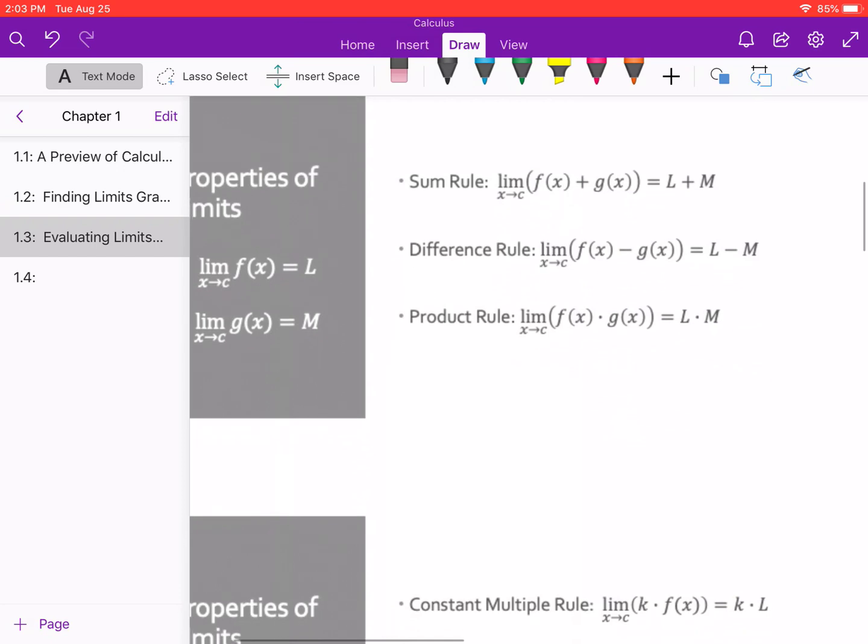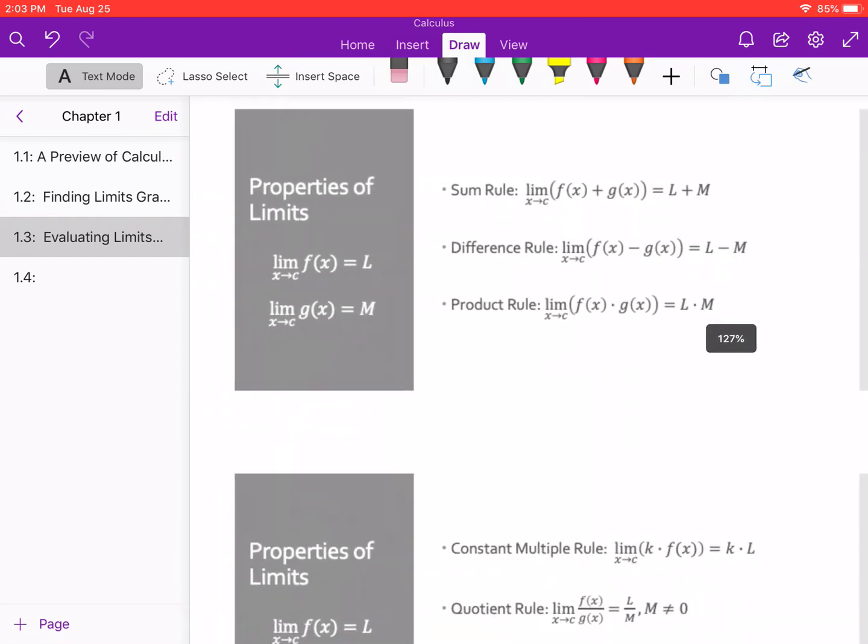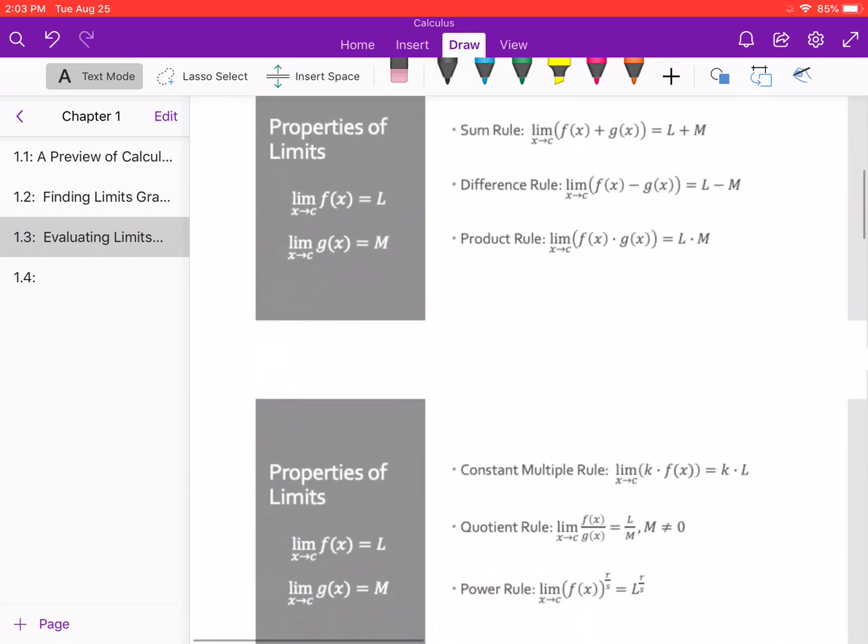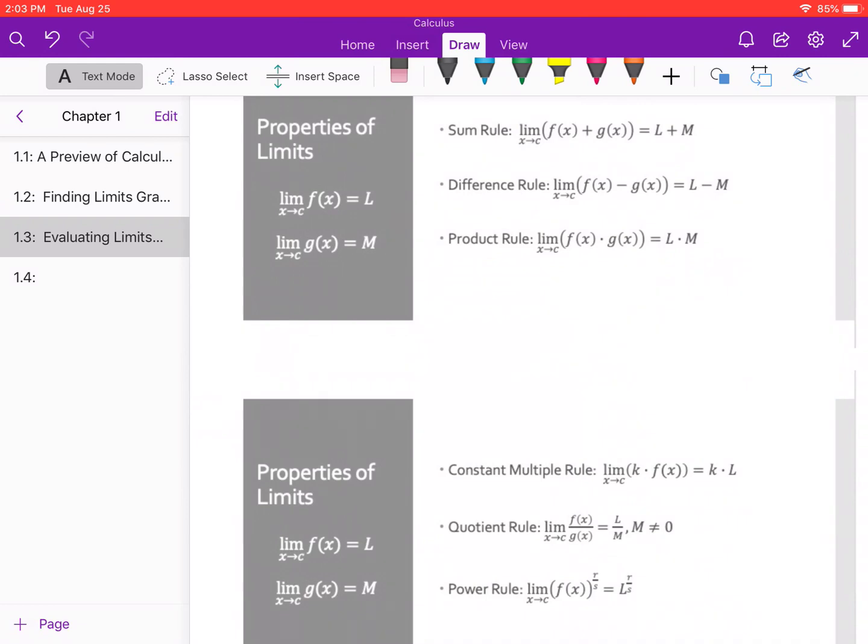So we have some other properties of limits. We have 6 of them here. The sum rule and difference rule, basically, you can either add the functions together or you can just add their limits together at the end. Same thing with difference. Same thing with product rule. Constant multiple rule, if you have a constant times a function, the limit is just that constant times the limit of the function.